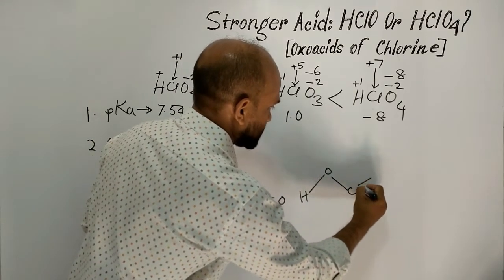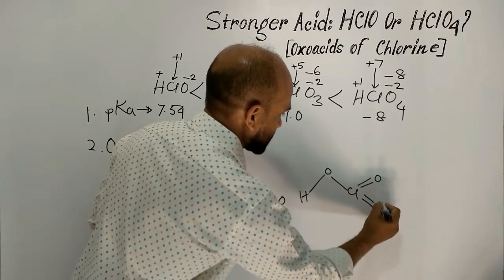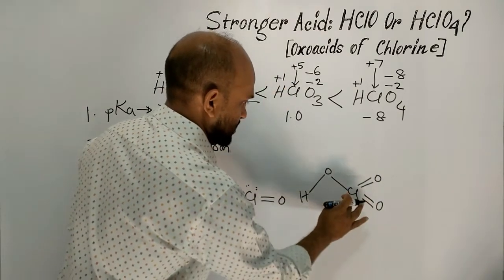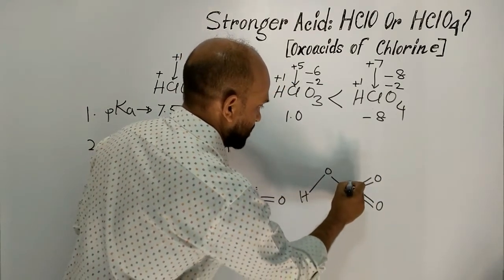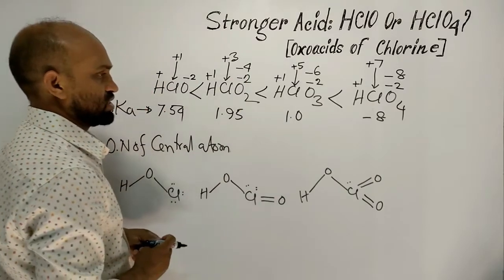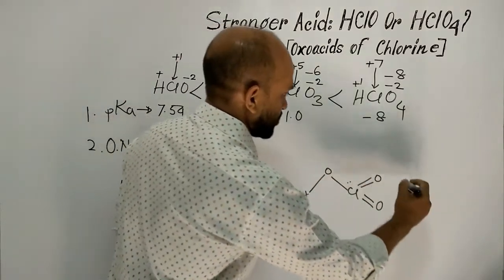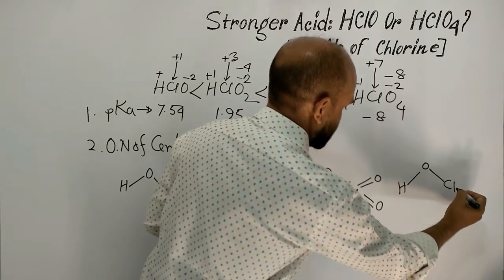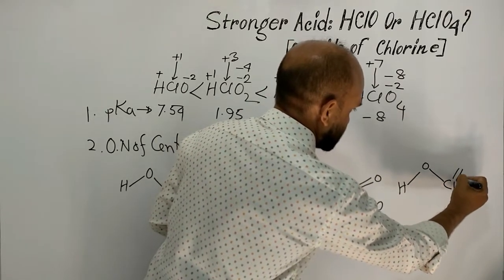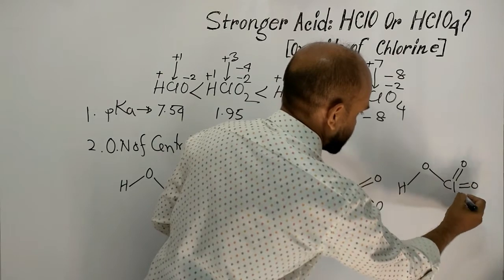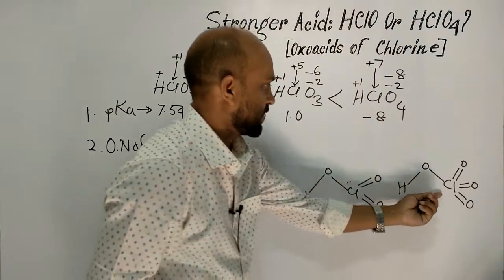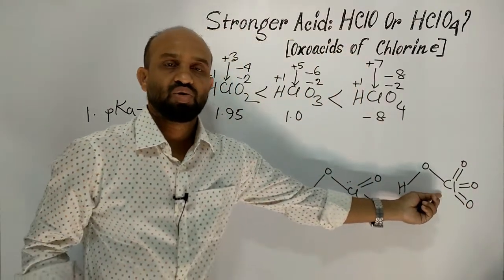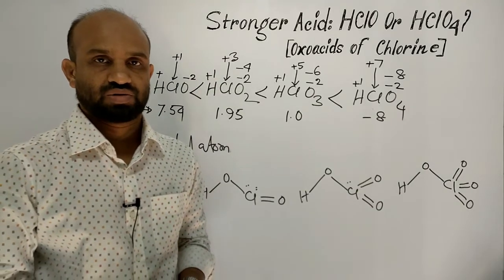This chlorine carries 2 oxygen atoms, and this chlorine carries 1 lone pair of electrons. And finally perchloric acid. Hydrogen, oxygen, chlorine. This chlorine carries 3 oxygen atoms, and here chlorine carries no lone pair of electrons.